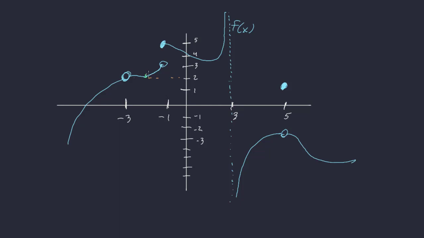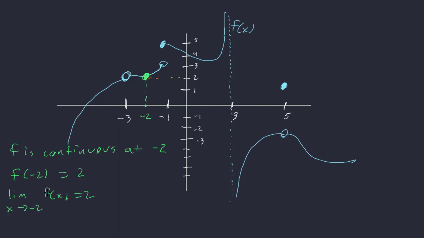All right, finally, if I look at something like here, right? Let's say this is at negative 2. F is continuous as far as we can see at negative 2. Why? Well, f of negative 2 seems to be 2. Then the limit as x goes to negative 2 of f of x is 2.